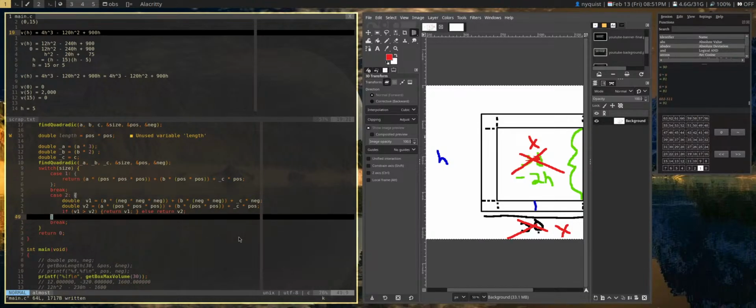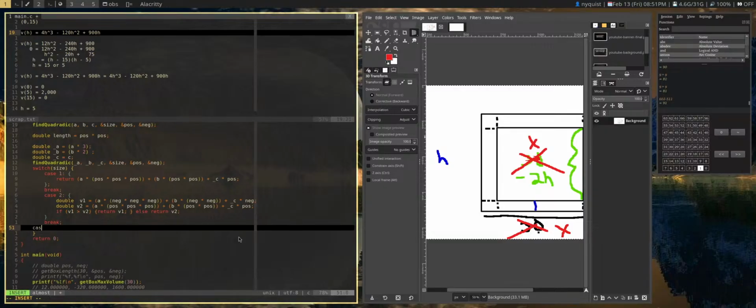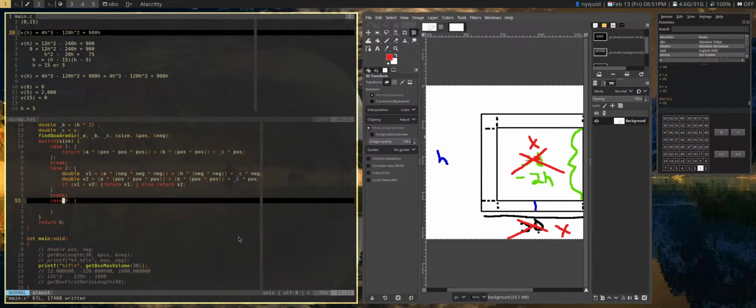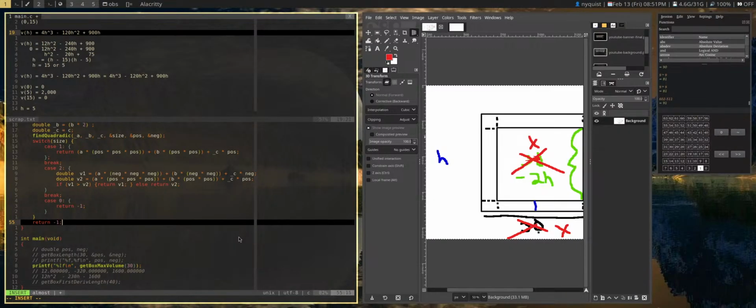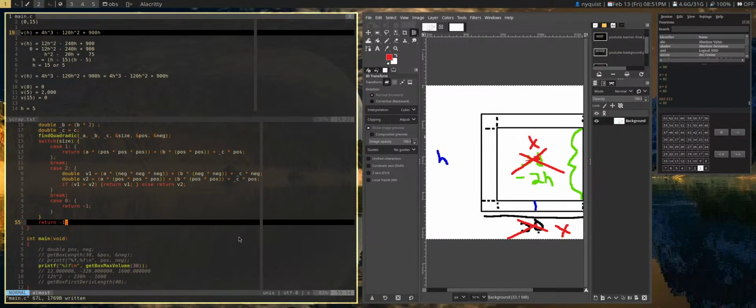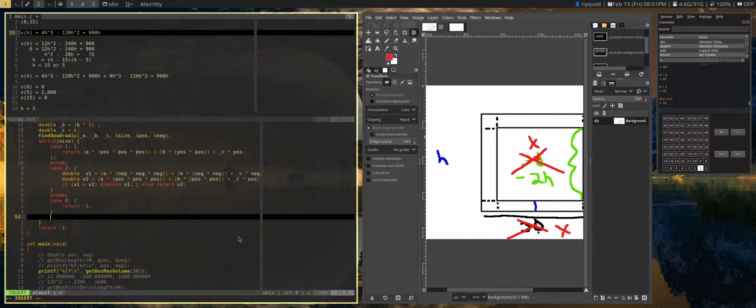And otherwise, if it's case 0, just return -1 as if there was an issue. And then break.